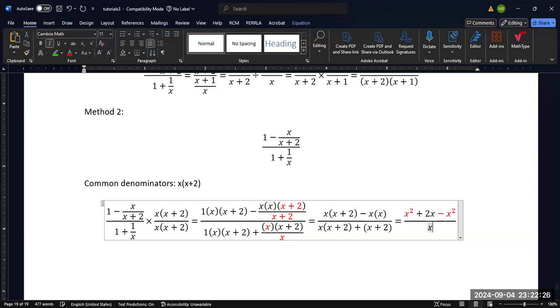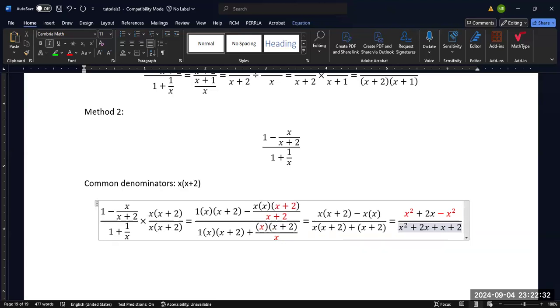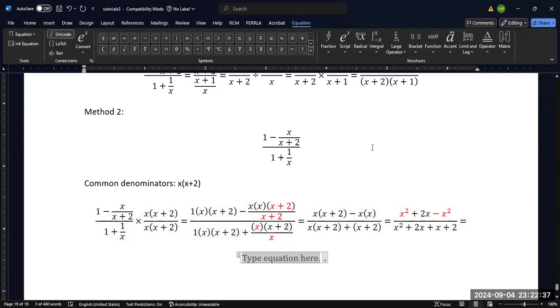And in the denominator, I'm going to get x squared plus 2x plus x plus 2. I'm going to be able to combine like terms. In the numerator, I'm going to get 2x. And in the denominator, I'm going to get x squared plus 3x plus 2. And if you check, you'll be able to see that this does indeed factor as x plus 2 times x plus 1.